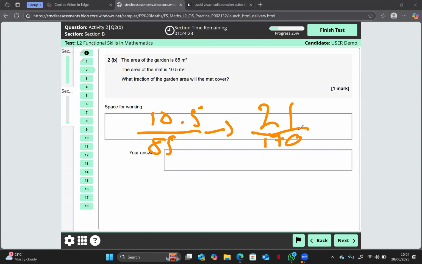Can we simplify that? Does 21 go into 170? No, we can't. I don't think we can simplify that anymore. Yeah, we can't. So the answer would be 21 over 170 as a fraction.